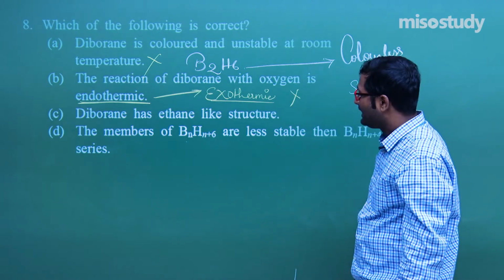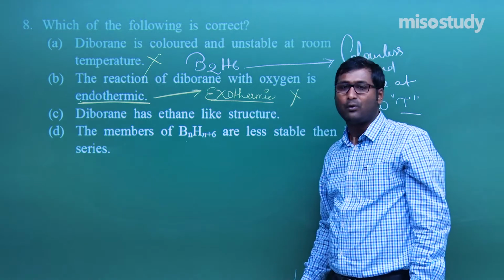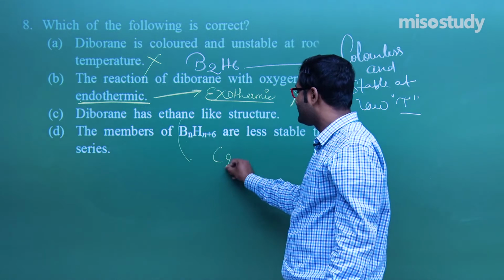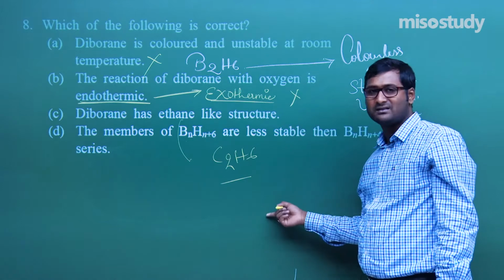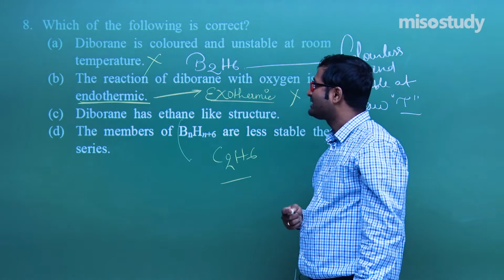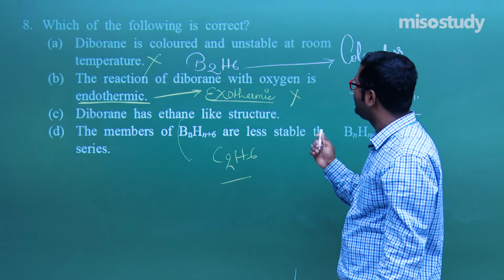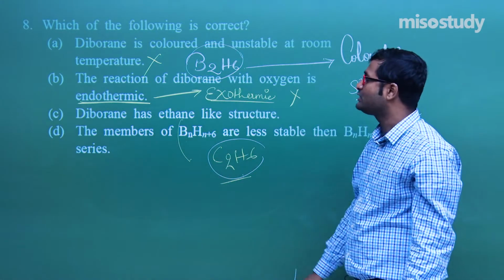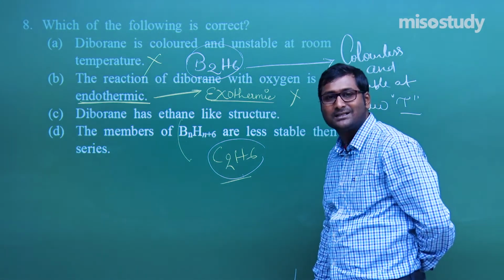Now the C option: diboron has an ethane-like structure. What is the formula of diboron? That is B2H6. And what is the formula of ethane? It is C2H6. Looking at the formulas, B and C all remain the same, so diboron has an ethane-like structure.